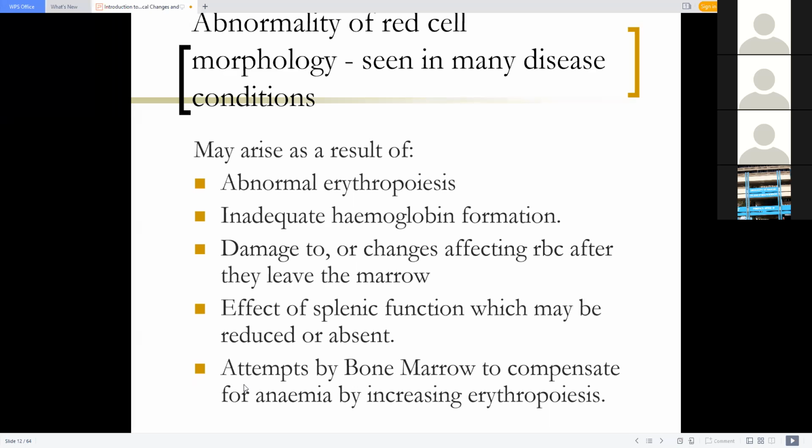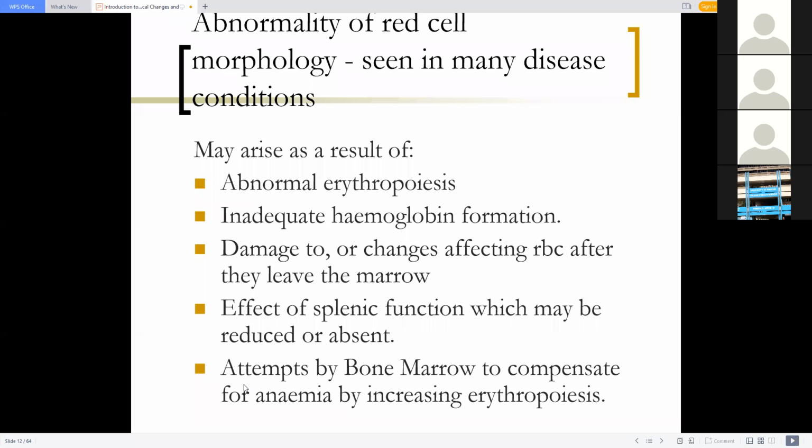By doing this, it may sometimes release red cells that are not fully mature into peripheral circulation. Then we detect these immature cells like reticulocytes or polychromatic cells, or sometimes it may even release cells that still have a nucleus. So we see nucleated red cells in peripheral circulation, and this may be an attempt by the bone marrow to compensate for an anemia, which produces red cell morphological changes.